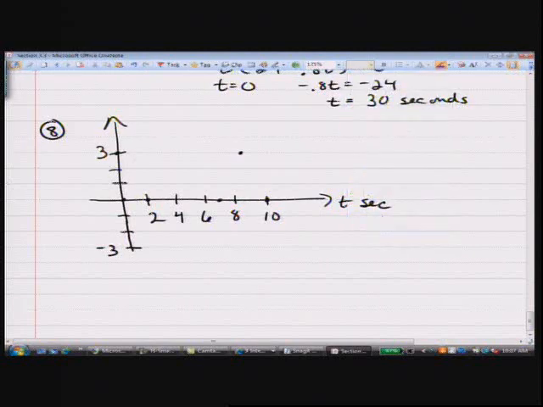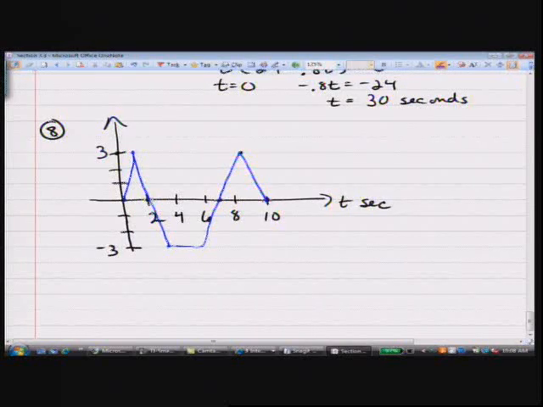So it goes up like this, and then it goes down like this, and then it's like this until about 6, when it goes like this. These are straight lines. Okay, so that's what you're looking at.